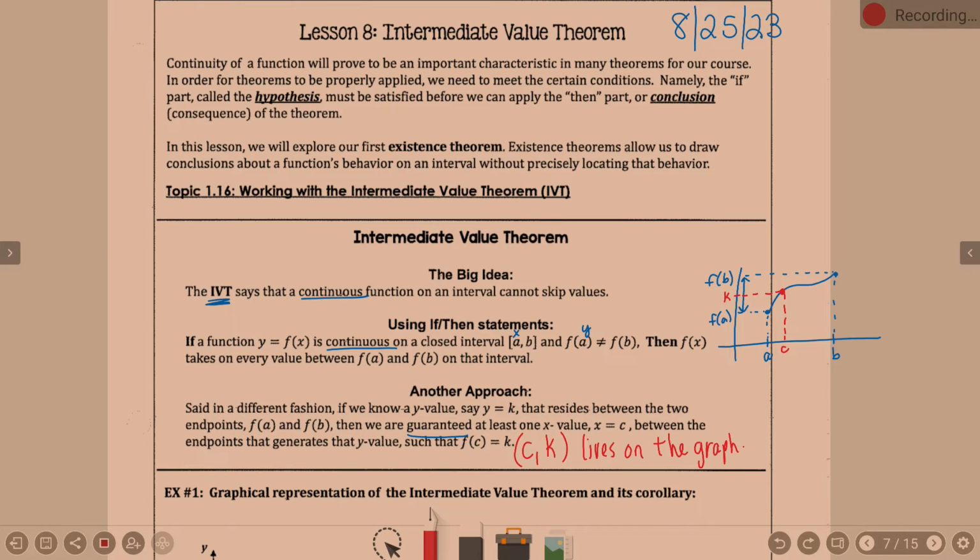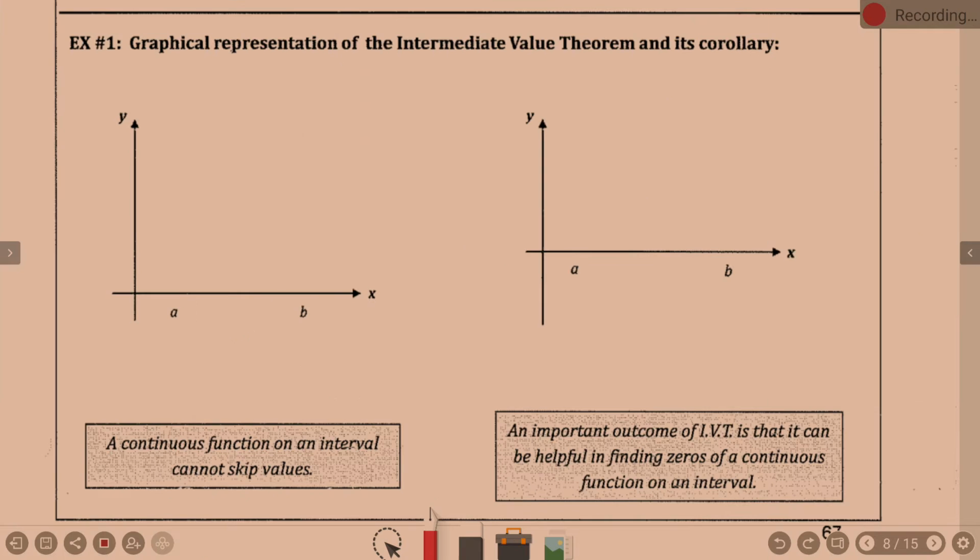Okay. Now, we're going to do some graphical representation of our IVT. I may have just done this actually. We're going to get a bigger version of the graph now.